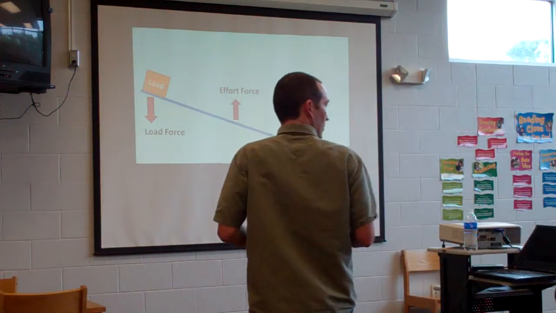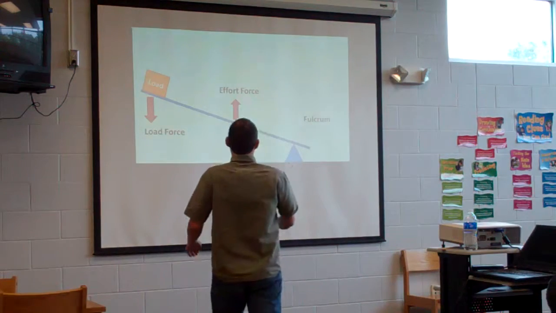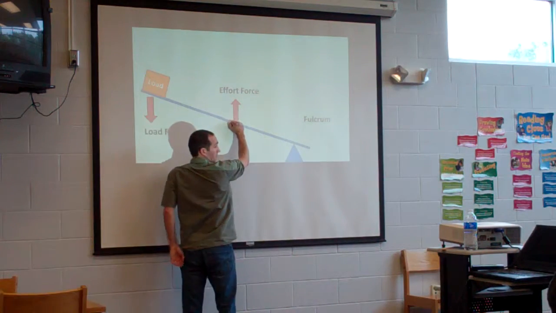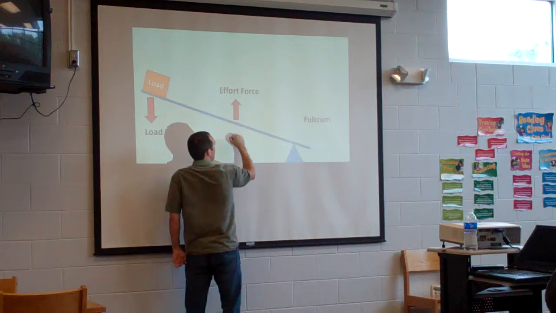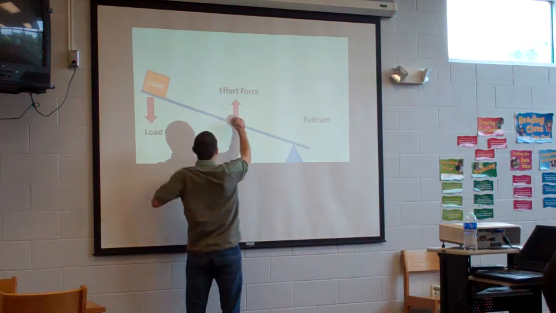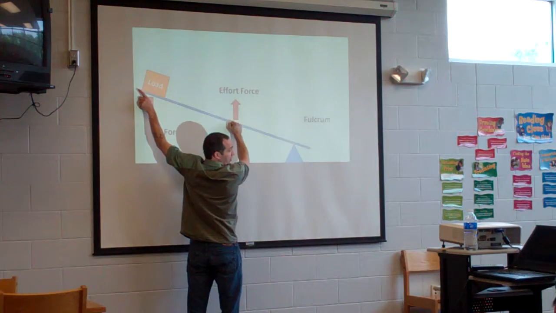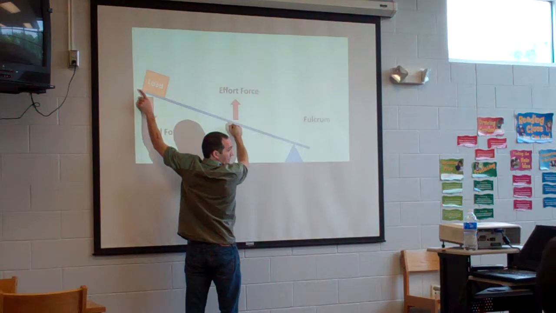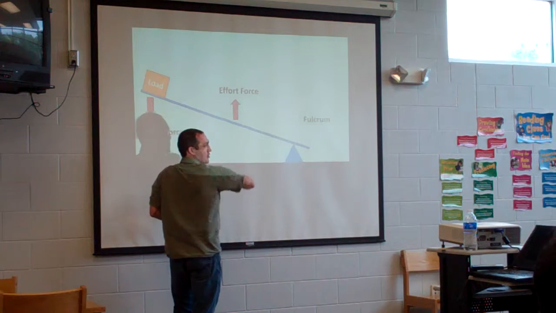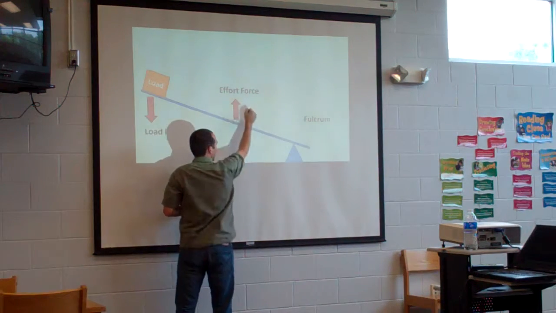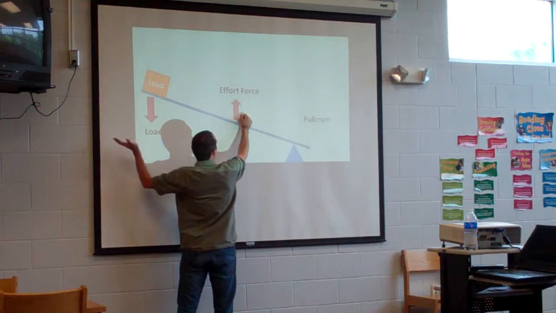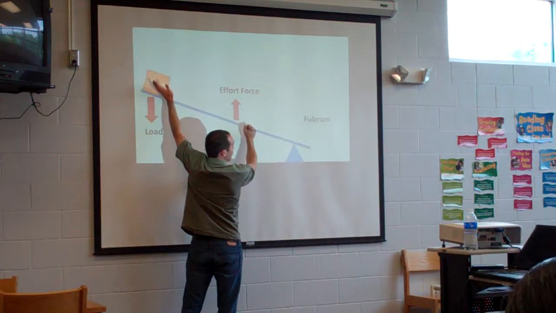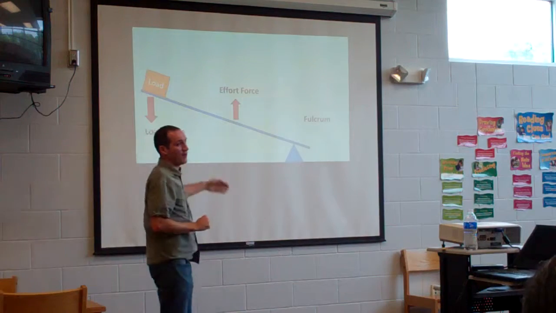If you have your hand here, this is the effort where your hand is, right? If you move this a certain distance, this moves farther, right? So you're using it as a catapult. Your force is being applied here. That's amplifying the motion. It's not amplifying the force, it's amplifying the motion.